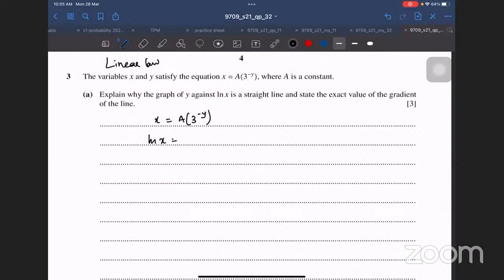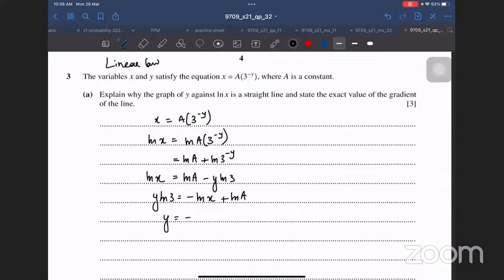So taking an ln on both sides gives me this. I can then separate the right-hand side and write it as minus y ln 3 equals ln x plus ln a. Now shuffling around these terms gives me y equals minus ln x plus ln a, all over ln 3.